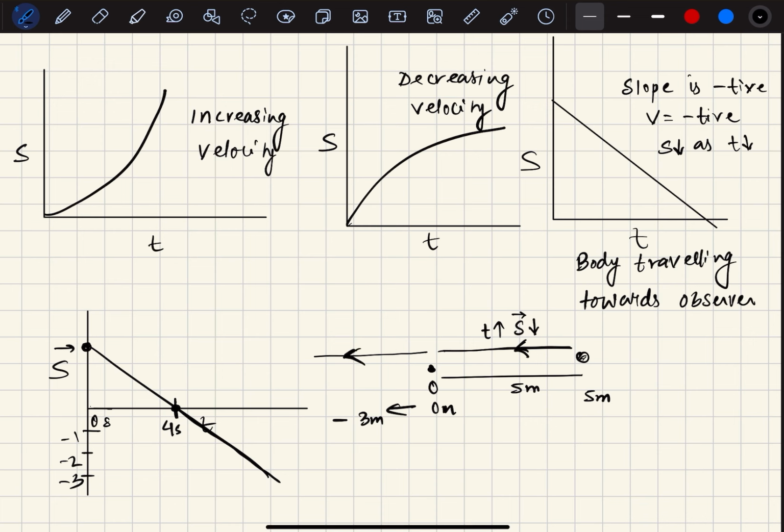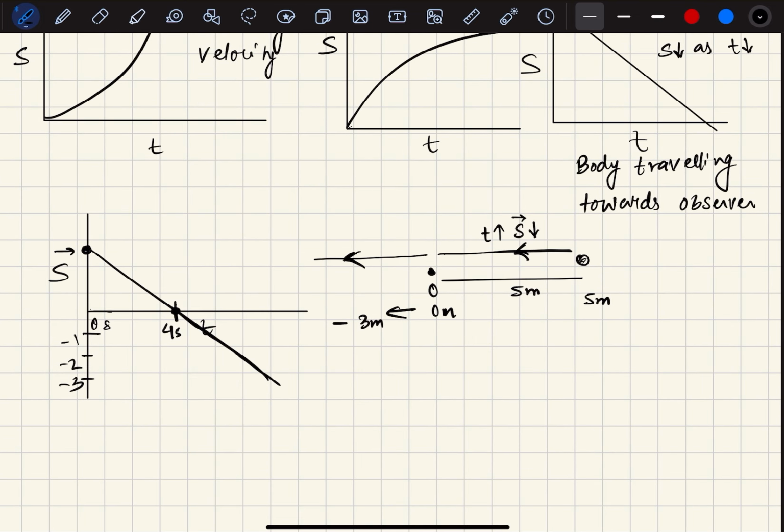Okay. Now another thing, what about the velocity in this case? Absolutely negative velocity. Why? Because the traveling path was always on this side. Numerically also, if you see, it goes from 5 meter to, let's say, minus 3 meter.